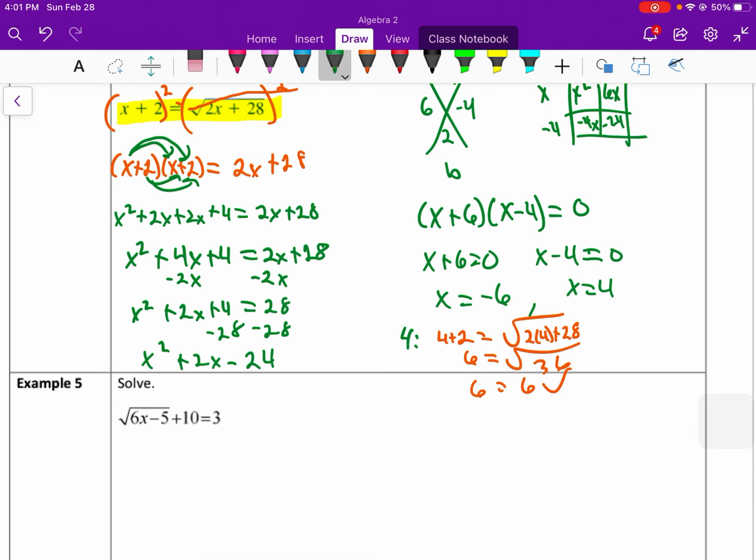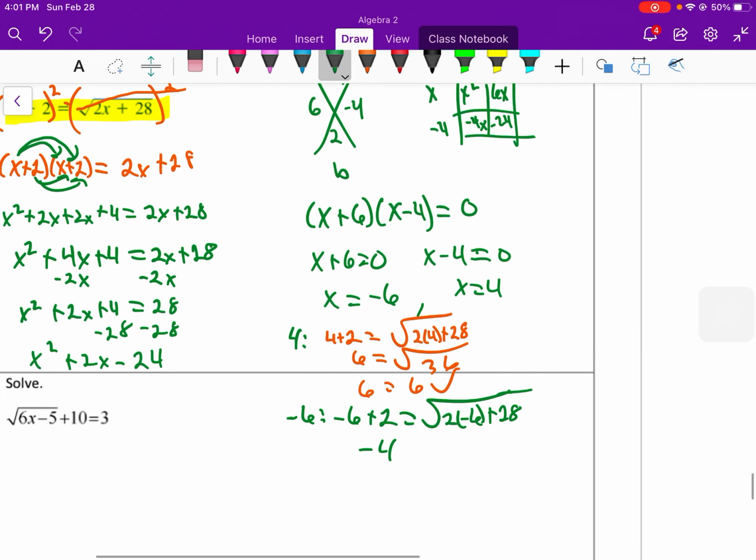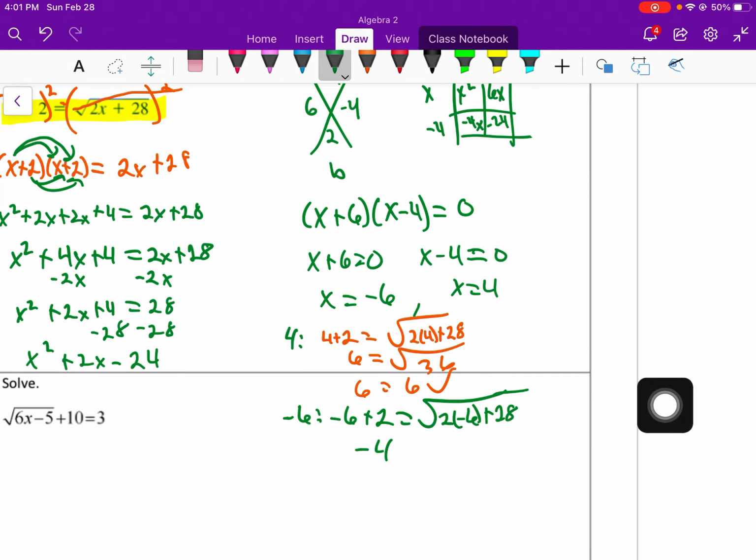Let's check now negative 6. So that'd be negative 6 plus 2 equals the square root of 2 times negative 6 plus 28. So we have negative 4. All right. So we can already see, if we remember back, that when we have a square root, if we simplify this would be negative 12 plus 28 would be 16.